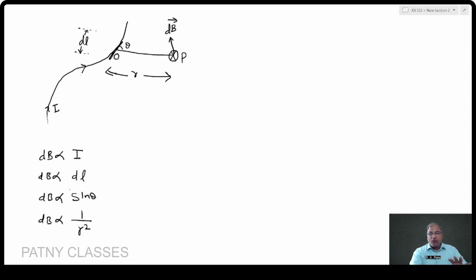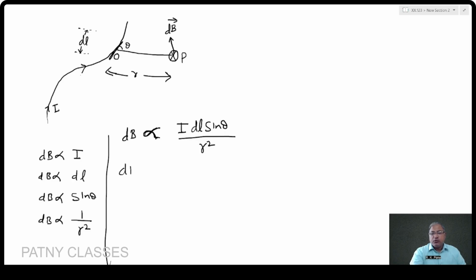Now we will combine all 4 factors to make one single equation: dB is directly proportional to I dl sine theta upon R square. Now to remove this proportionality symbol, we introduce a constant here. So dB is equal to K, where K is a constant of proportionality.